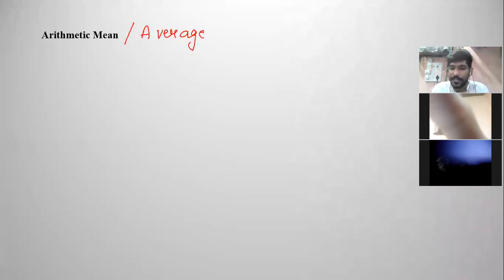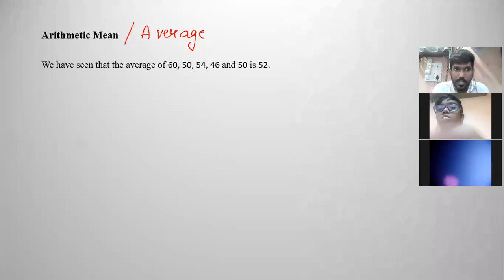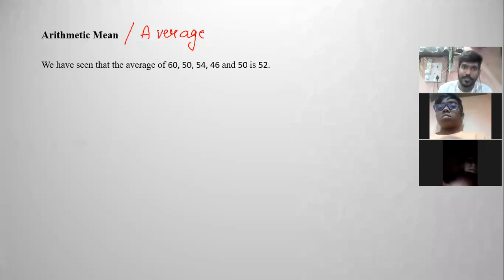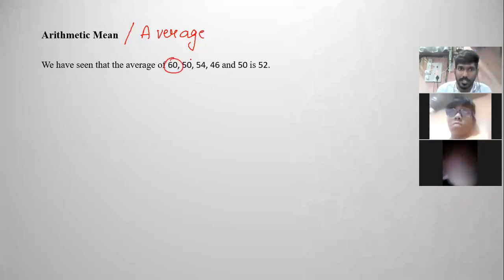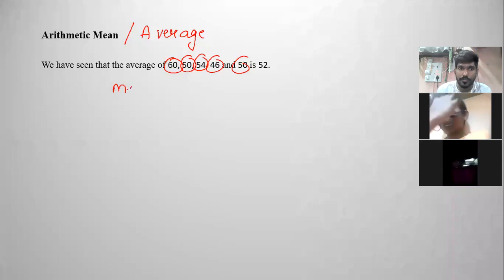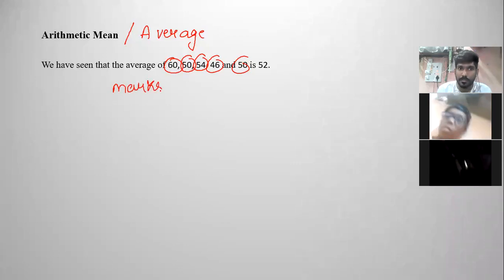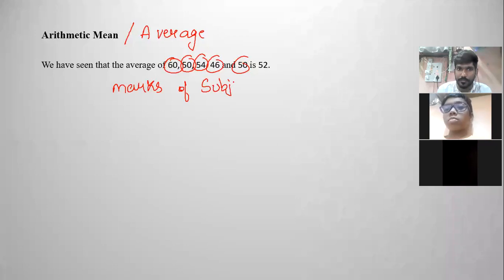Now, what is average and how is average calculated? So, for example, if we have the following numbers 60, 50, 54, 46, and 50. Suppose these are the marks of subjects. Let me write it.